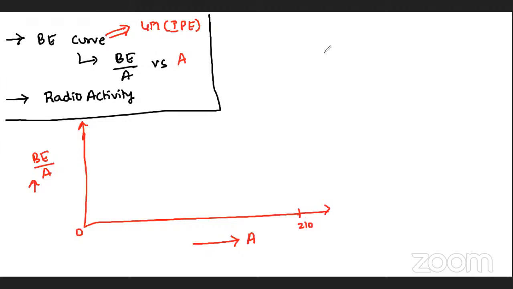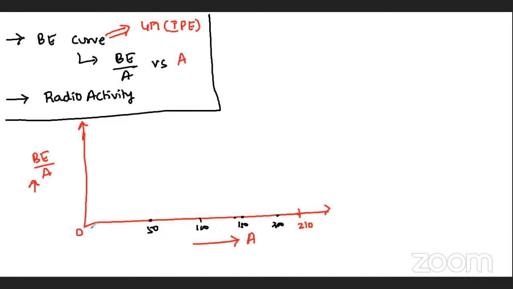Suppose uranium, we can consider 235, and thereafter it will decrease. Firstly, from 0, I'll consider 50, 100, 150, and 200. From 0 to 50, I am considering initially.